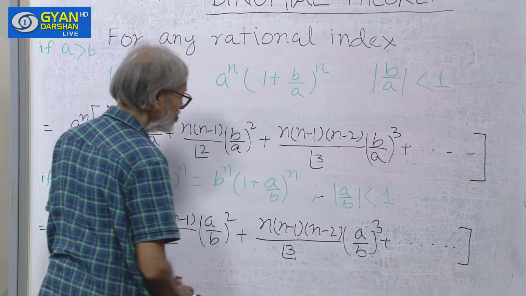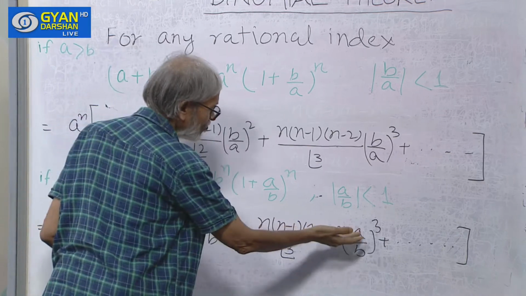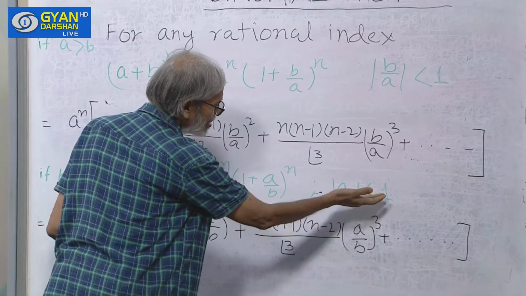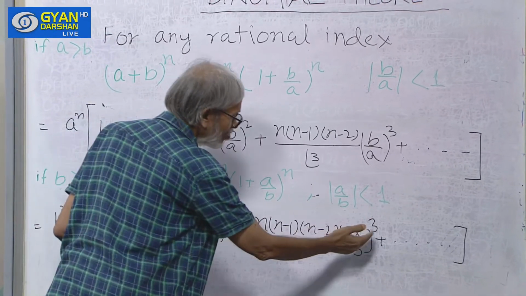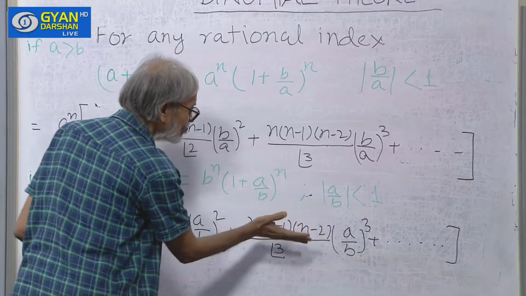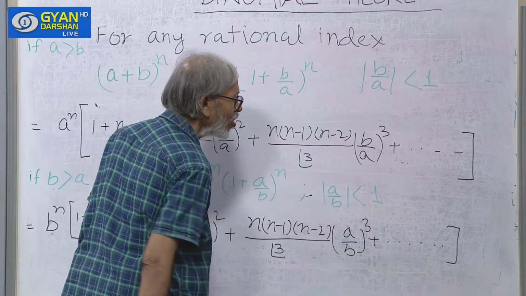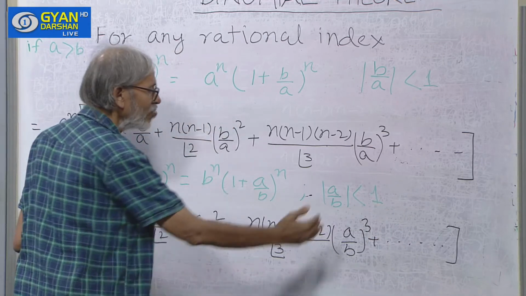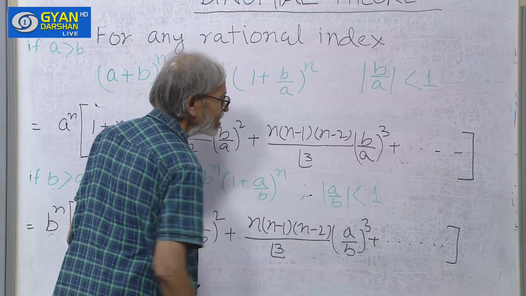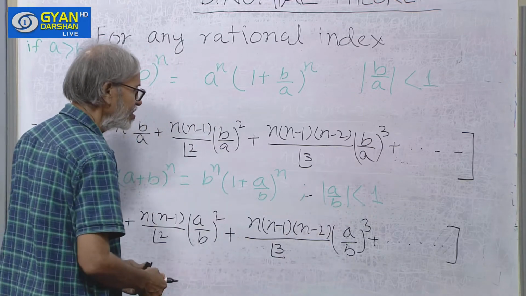Since |A/B| is less than 1, as we go on increasing, its value will become smaller and smaller, and after some time we can truncate and take its summation.